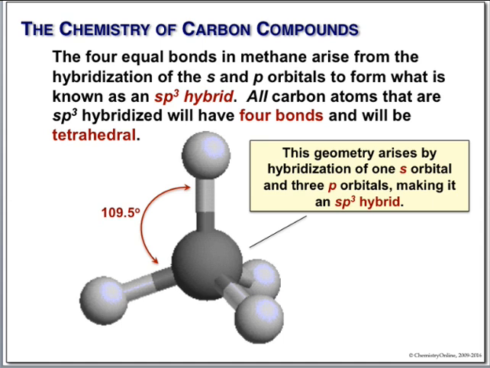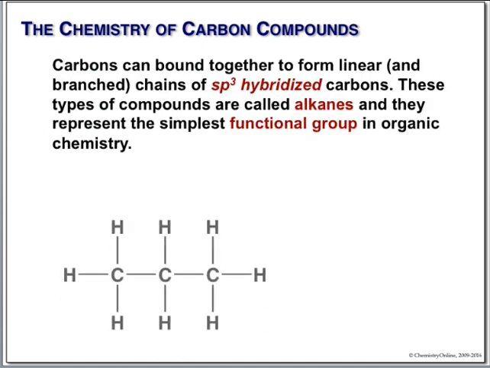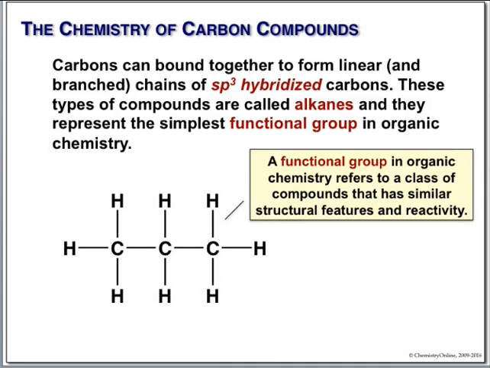Now, as we go to build carbon compounds, we can build them using only sp3 carbons. For example, if we have 3 carbons in a row, each of these carbons has 4 bonds, so that's good. 1, 2, 3, 4, 1, 2, 3, 4, 1, 2, 3, 4. That's what it's supposed to be.